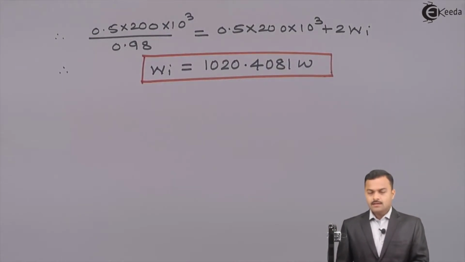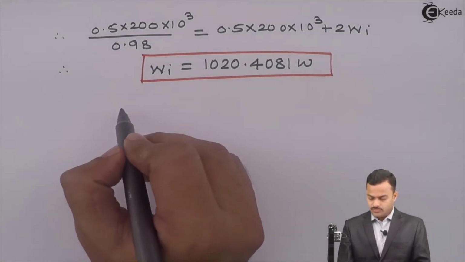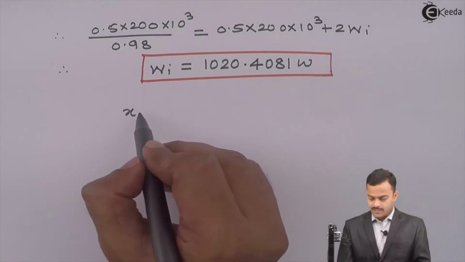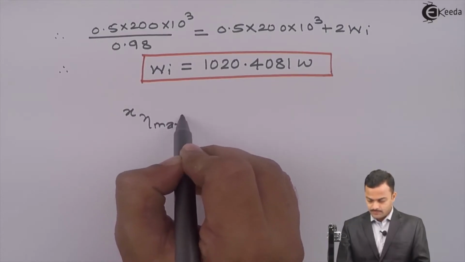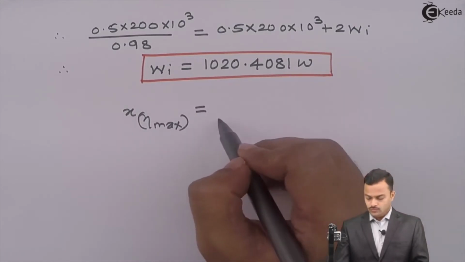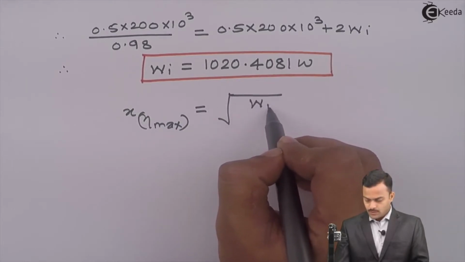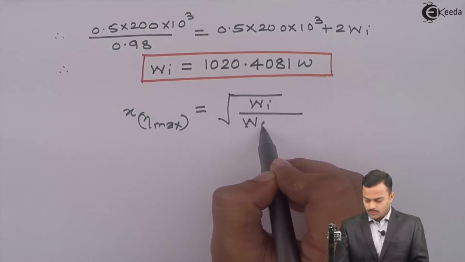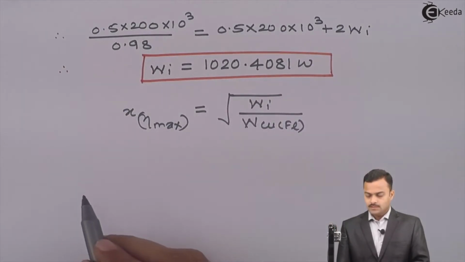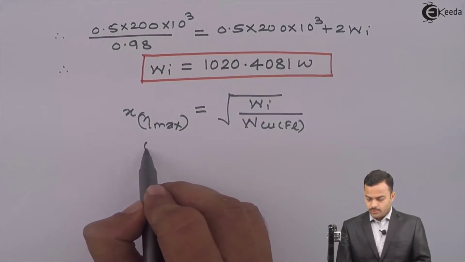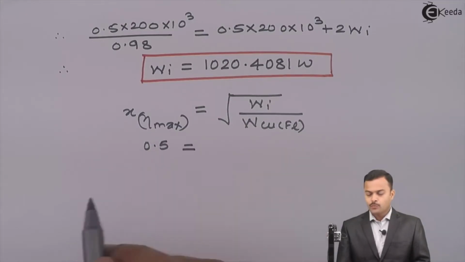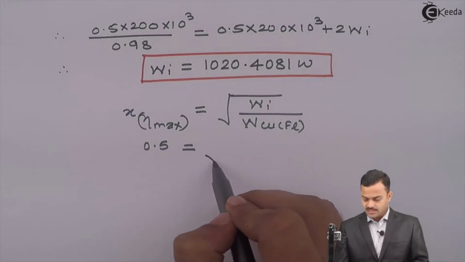Now second, I want to find out efficiency at rated load, but for that purpose I should know WCU FL, the full load copper loss. For that we are going to use this formula: X, where efficiency is maximum, is equal to root of Wi upon WCU FL. 0.5 is the load at which I am getting maximum efficiency.